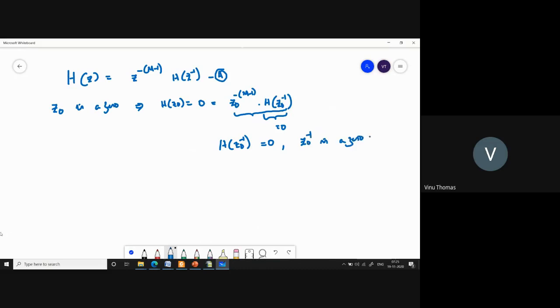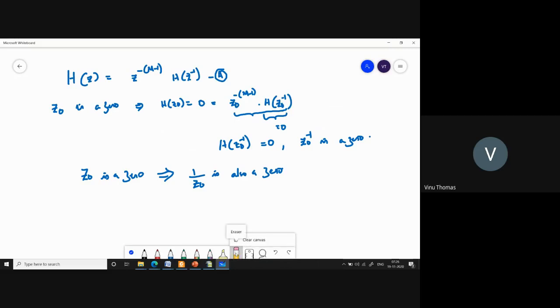So if z naught is a 0, it will definitely mean that 1 by z naught is also a 0. So this is the first observation that we are using.